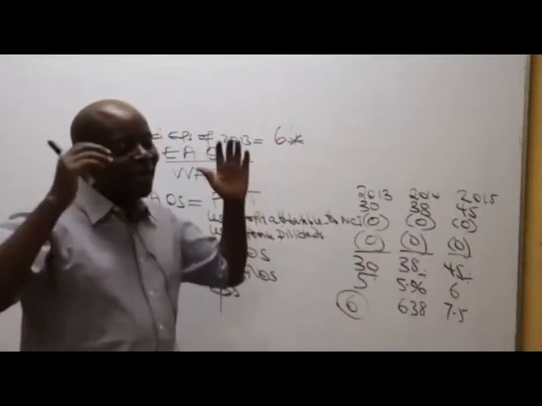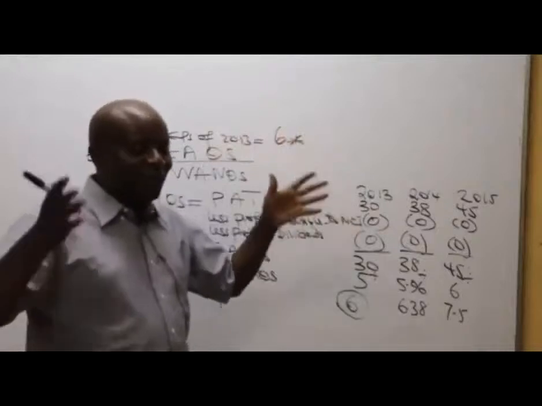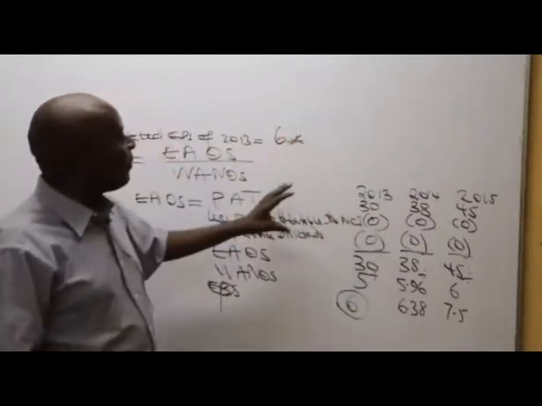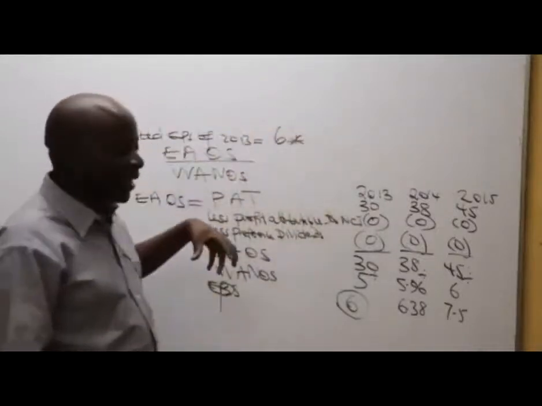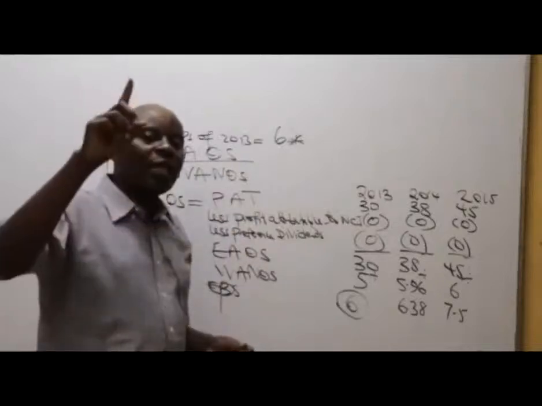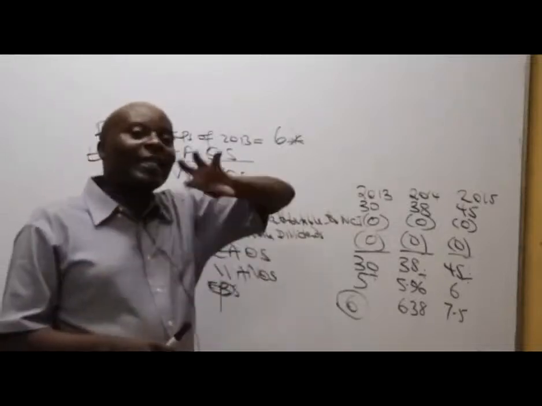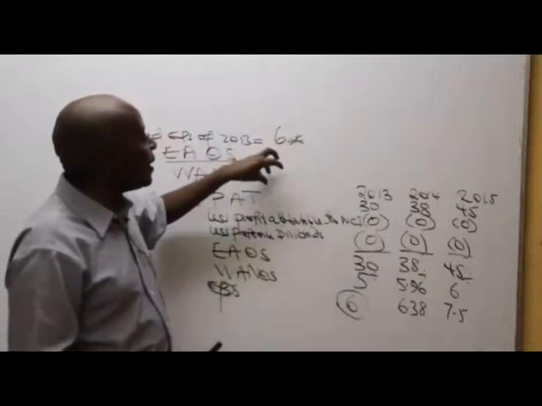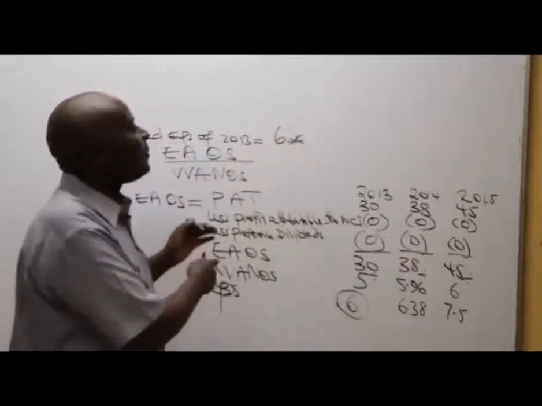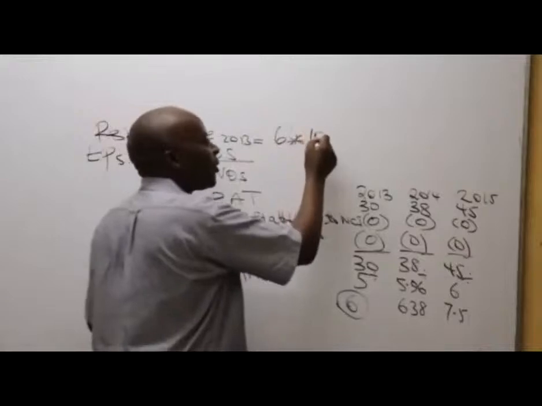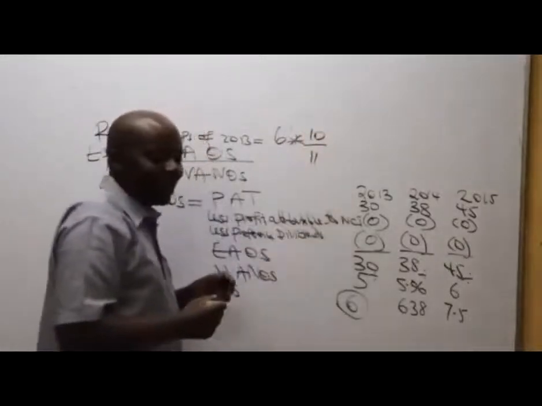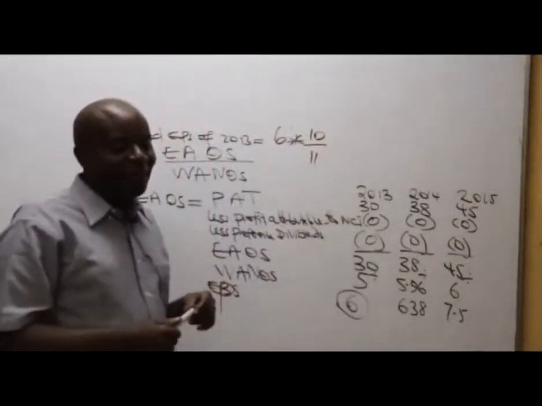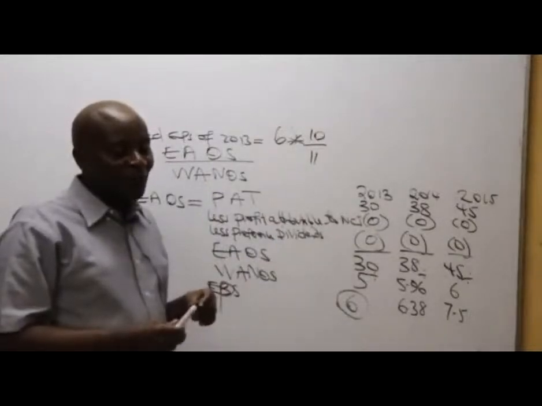When it comes to restating for previous years, if the bonus fraction was 11/10, I take the previous year's EPS times the reciprocal of the bonus fraction. So times 10 over 11. Which will end up giving me what figure?